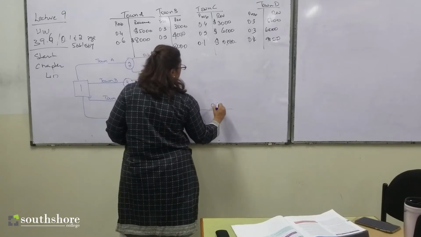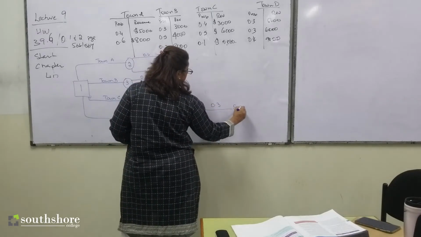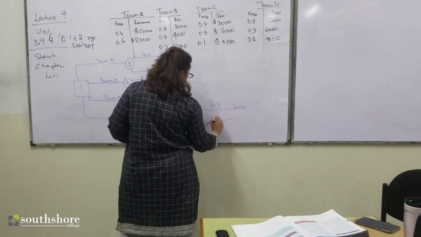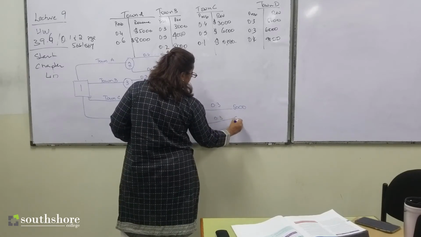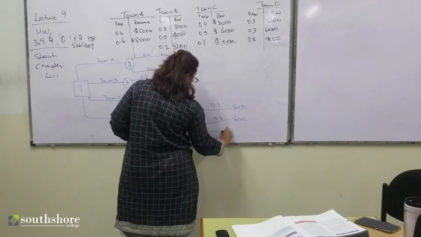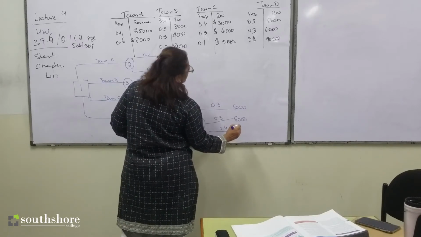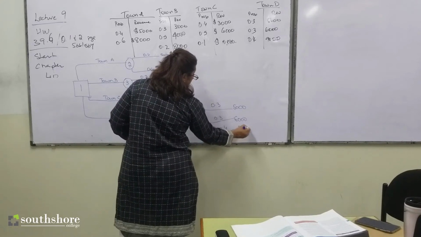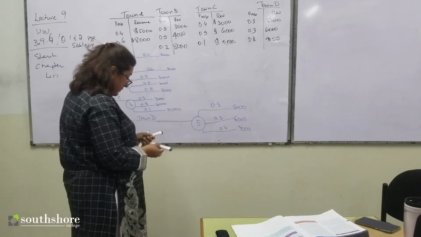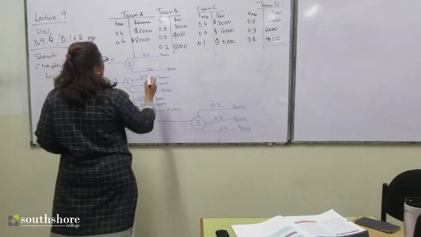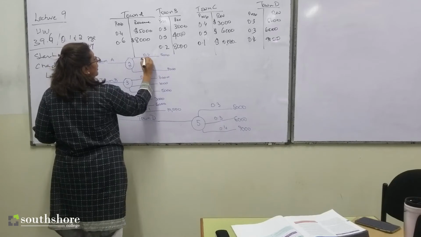You have 0.3, he will earn 5,000. Here again 0.3, he will earn 6,000. And here we have 0.4, he will earn 6,000.